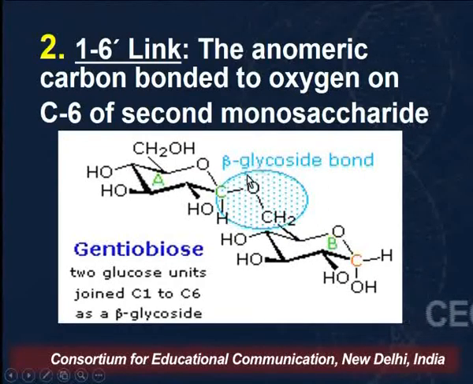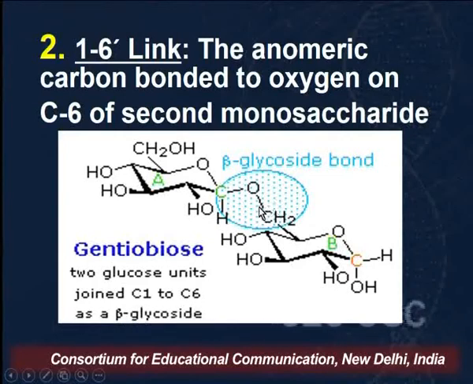This carbon is the anomeric carbon of the glucose unit, that is the first carbon, and now this is linked to the oxygen of the sixth carbon. See, this is your first carbon, this is the second carbon, this is the third carbon, this is the fourth carbon, this is the fifth carbon, and this is the sixth carbon.